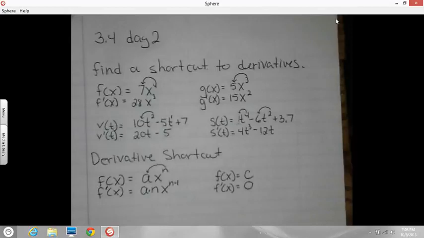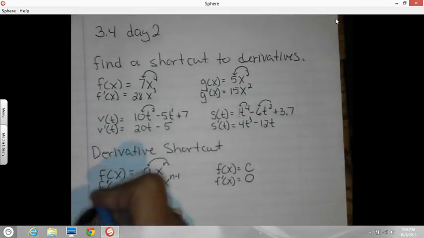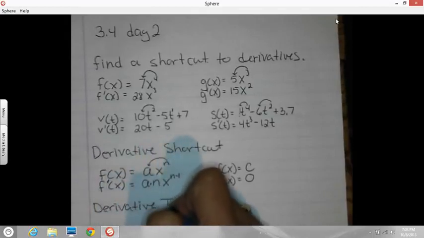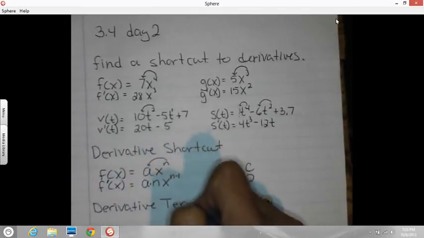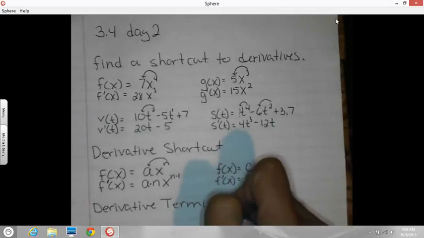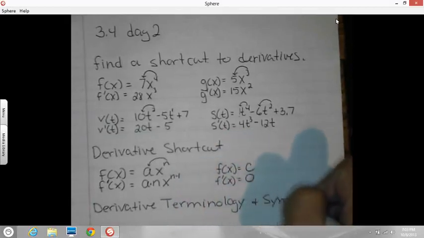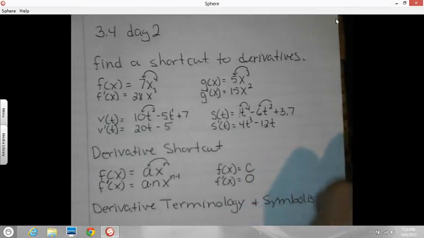All right. Some derivative terminology you're going to need to know. Derivative terminology and symbolism. Okay, I think there's only 2 phrases I can think of off the top of my head.